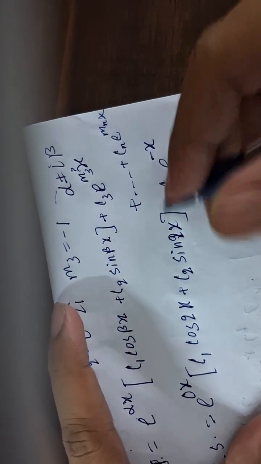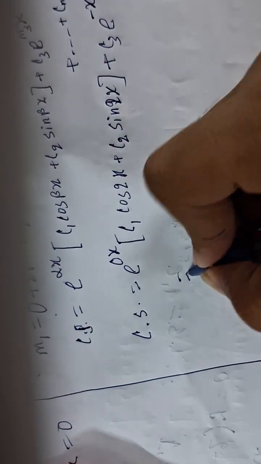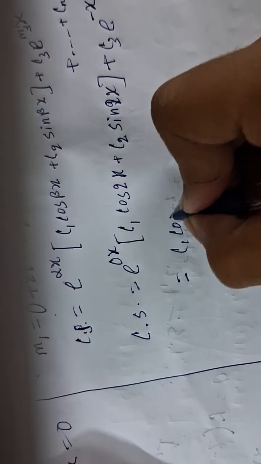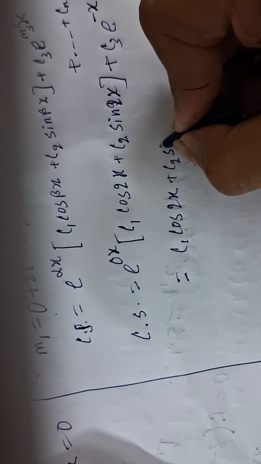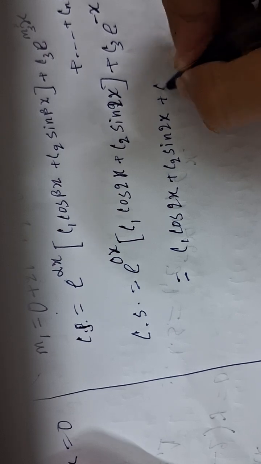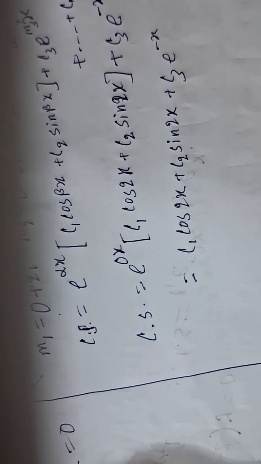So the final equation becomes c1 cos of 2x plus c2 sine of 2x plus c3 e to the power minus x. Okay, clear?